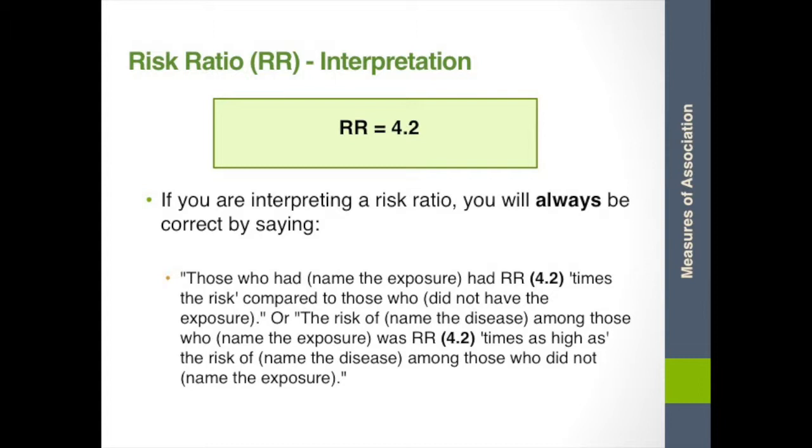Let's suppose that you obtain a risk ratio of 4.2 from a prospective cohort study about the effects of smoking on the risk of developing chronic obstructive pulmonary disease. You will always be correct by saying those who smoked had 4.2 times the risk of developing COPD compared to those who did not smoke.